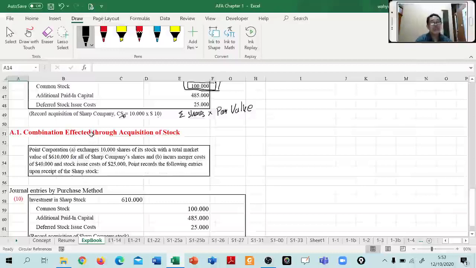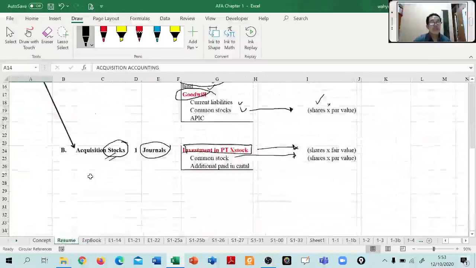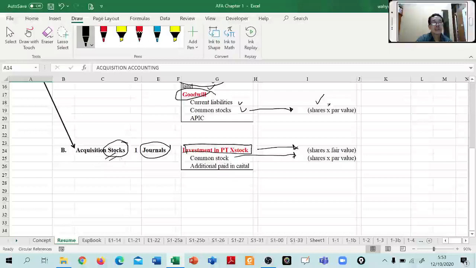Based on this resume, if we meet an acquisition of stock, we don't make a calculation but directly make a journal entry, and always the account is investment in stock in debit.